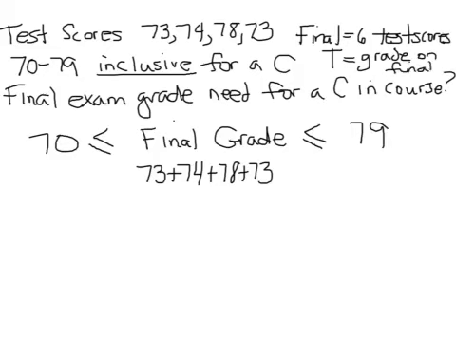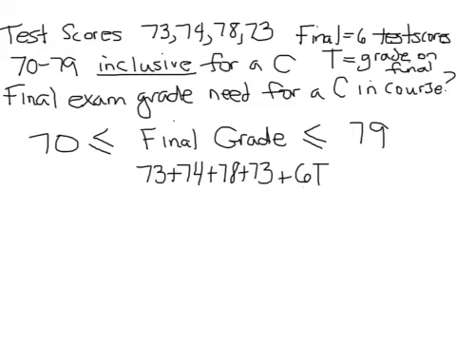Because it's worth 6 times as much as a regular test, you don't just add the score from the final, but you have to multiply it by 6 to include the fact that it's like 6 tests. So right now I have: add up all your test scores, but multiply the final exam's score by 6 because it's worth 6 times as many.